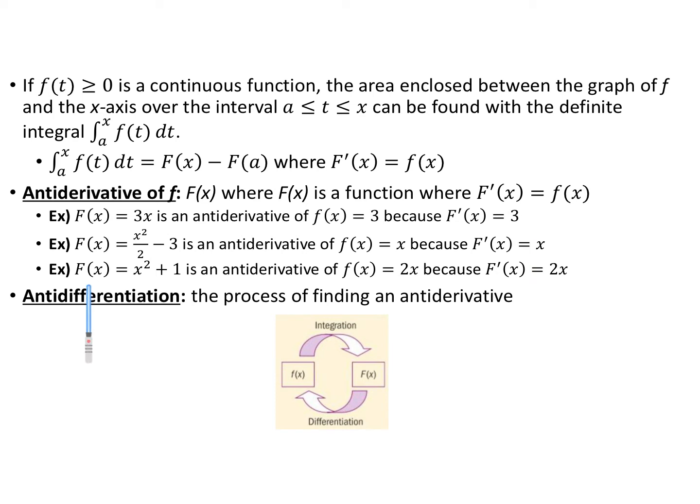And then same thing, capital F of x equals x squared plus 1 is an antiderivative of f of x equals 2x because the derivative of capital F of x is 2x. So it's kind of undoing itself. So antidifferentiation is the process of finding this antiderivative, which we use integration to do. So they undo each other.